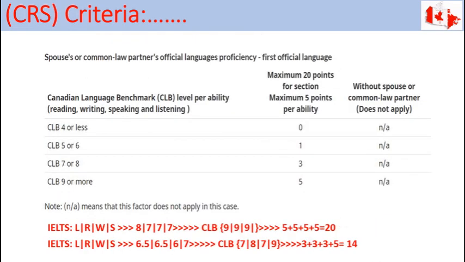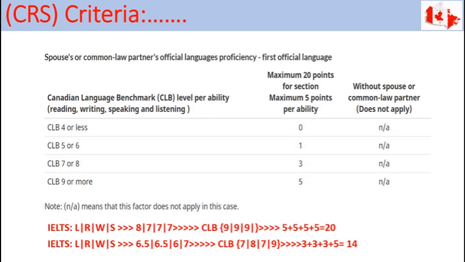Now the other factor, first official language of your spouse, maximum 20 points for a section and maximum 5 points per ability. So you can see here, if I take IELTS listening, reading, writing and speaking 8, 7, 7, that's CLB 9, 9, 9.